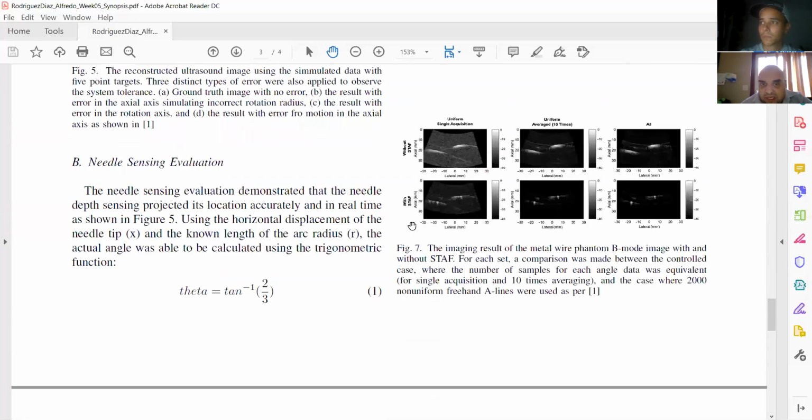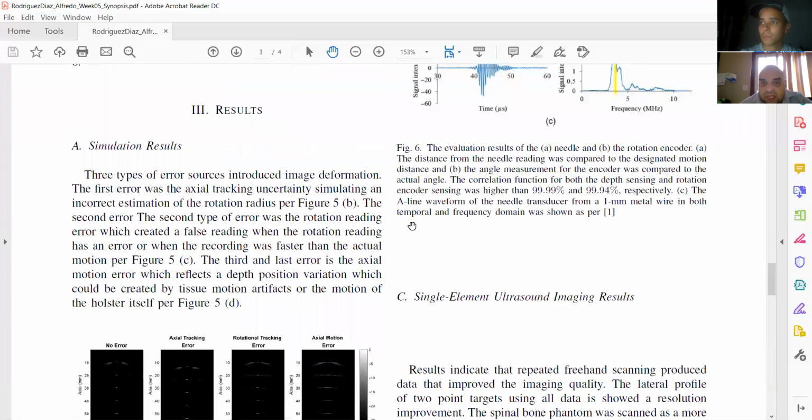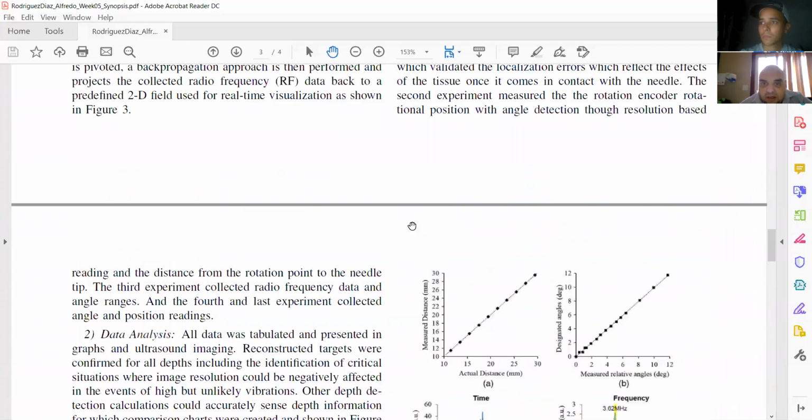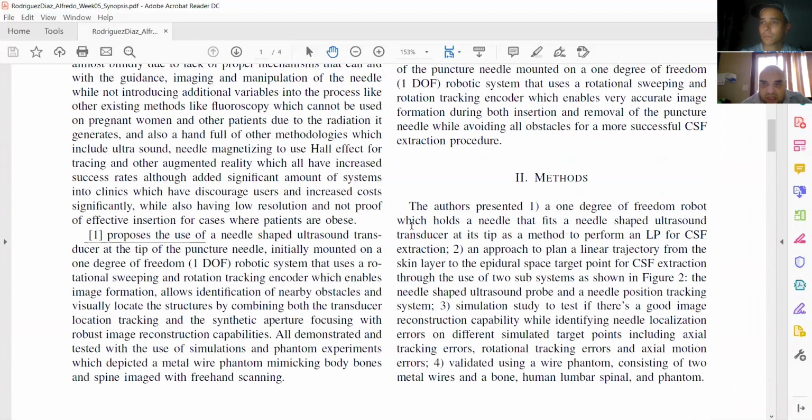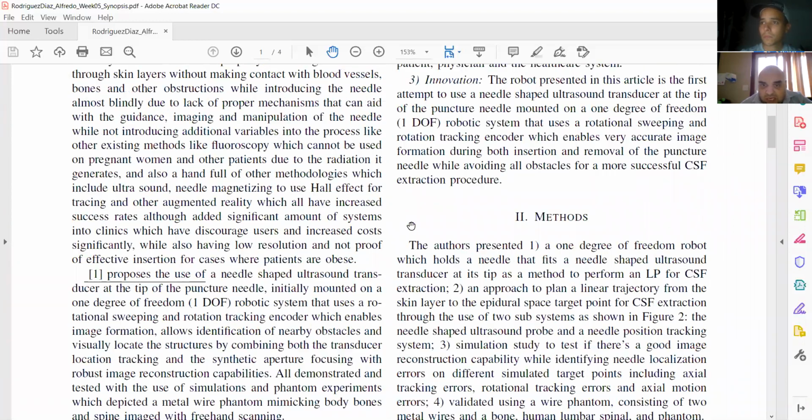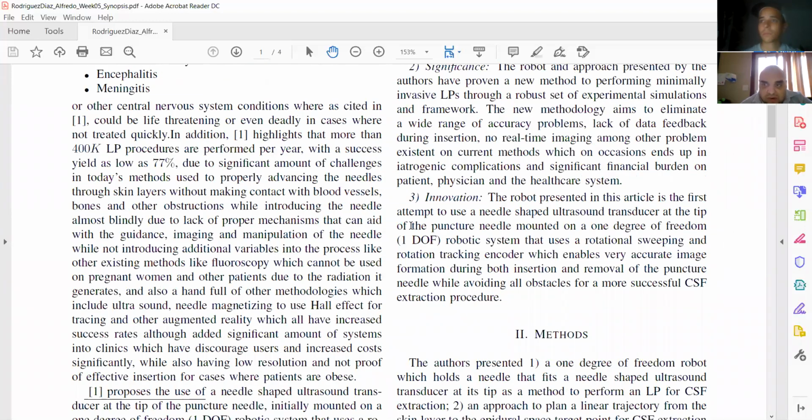And then the other thing is, at the beginning of the paper, it said that the current procedure is basically you're choosing the spot and going with the needle in a straight line and you hit some blood vessels. There is some sort of a blind approach where you just go into your final location, take the sample and come back out.